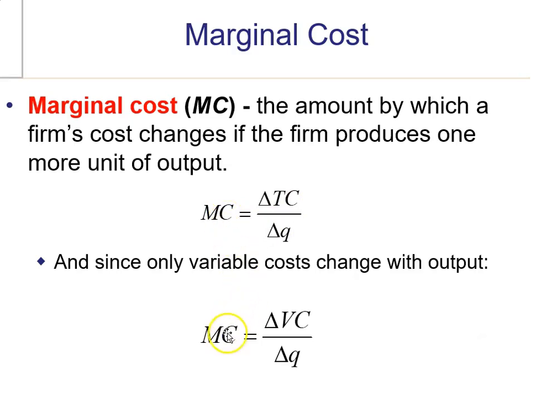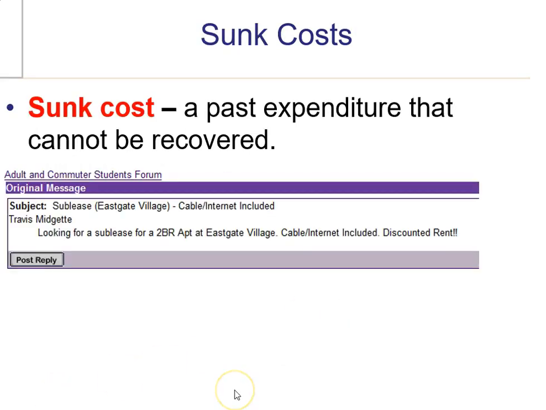You can also find marginal cost by finding your change in variable cost over your change in output, because your fixed cost doesn't change with output. This gives you equivalent definitions for finding marginal cost. Of all these cost concepts, marginal cost is probably the most important, because marginal cost will tell a firm where it should produce.